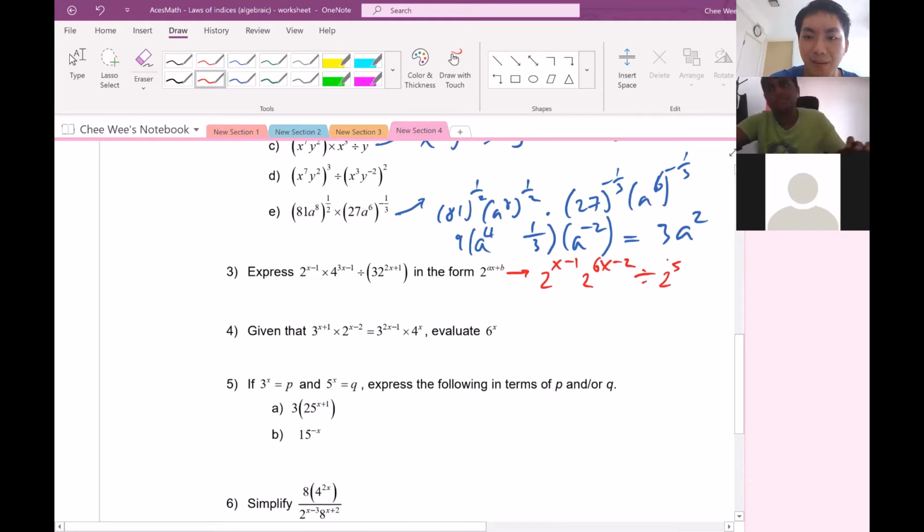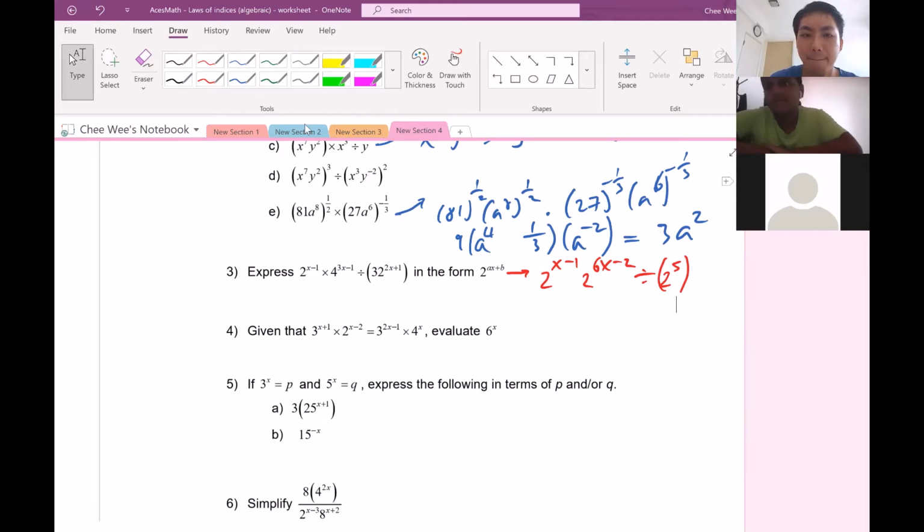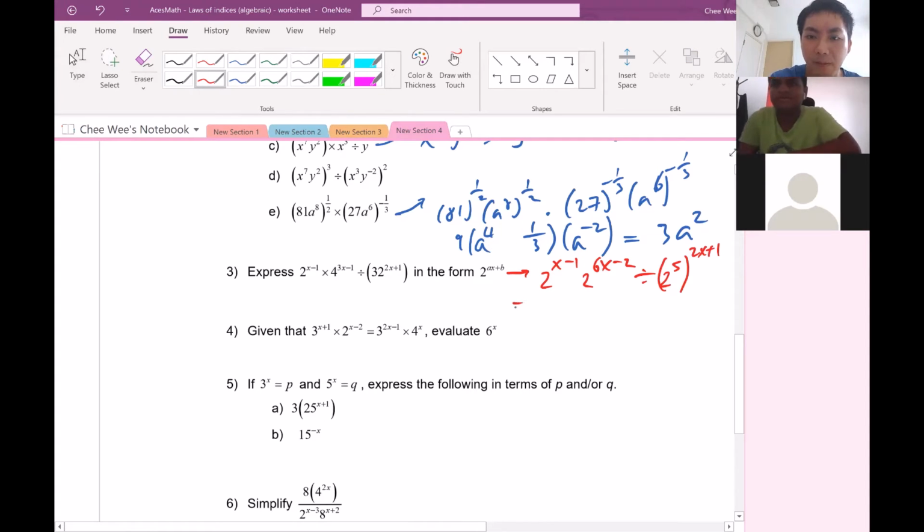Yeah. And then 2x plus 1. So then it just becomes 7x minus 3 divided by 10x plus 5. Okay, like this. Then it just then 2 minus 3x plus 2. Minus 8 actually.